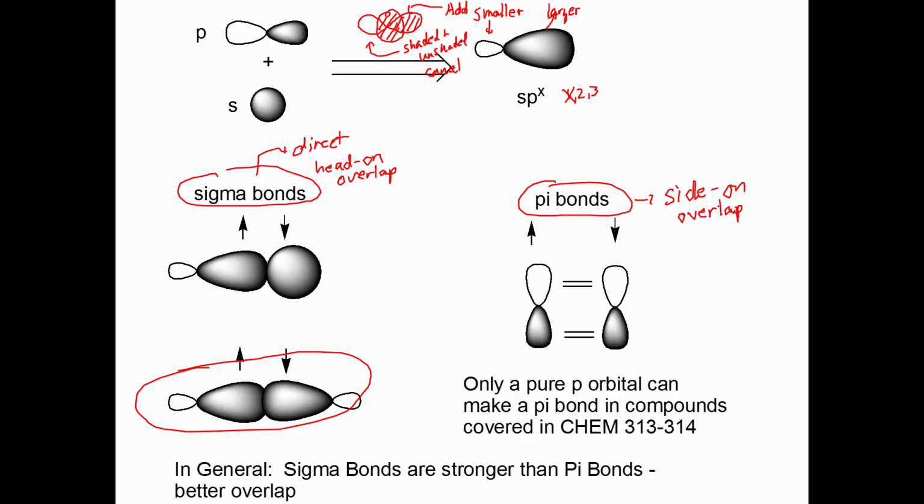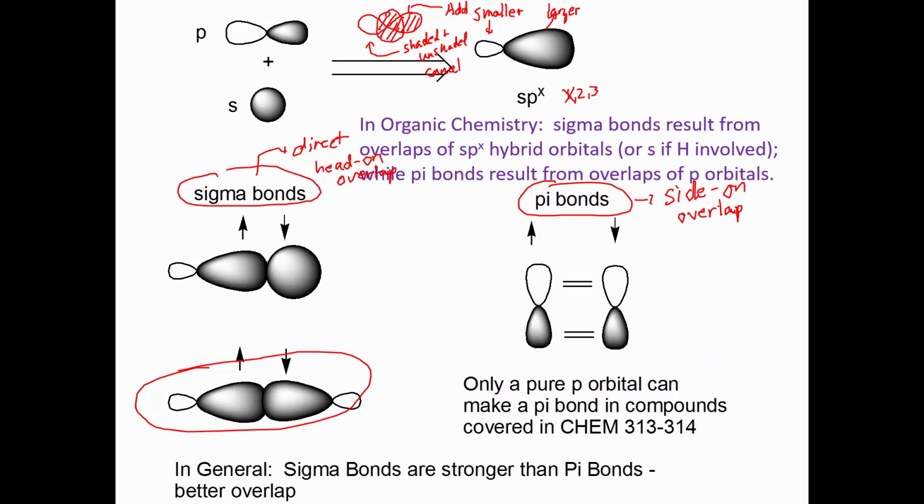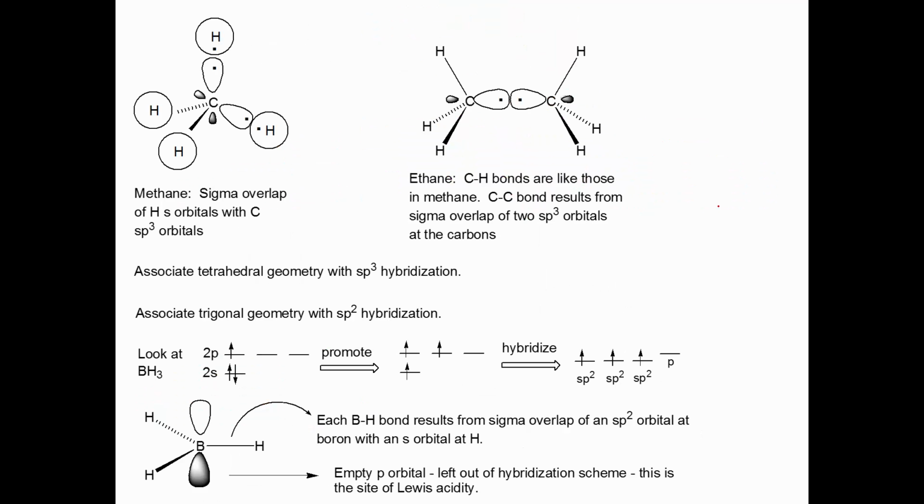So in general, sigma bonds are stronger than pi bonds, and in organic chemistry, only a pure p orbital can make a pi bond. Here's an important relationship: in organic chemistry, sigma bonds result from overlap of sp hybrid orbitals, or s if hydrogen's involved, while pi bonds result from overlaps of p orbitals. That's an important generalization to remember.